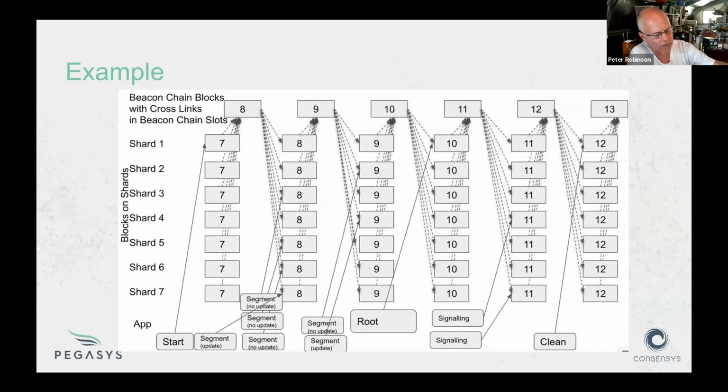And then they will publish their results as part of the transaction receipt, so system events. And then the next segments can go in on the other shards, and they can reference the returned values, and also check that the transactions have gone through okay. And again it can make sure that it's part of the correct call graph.